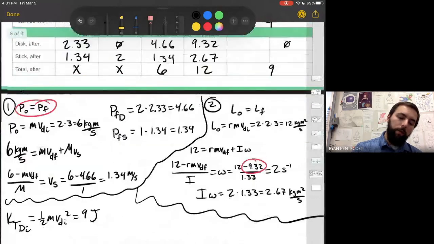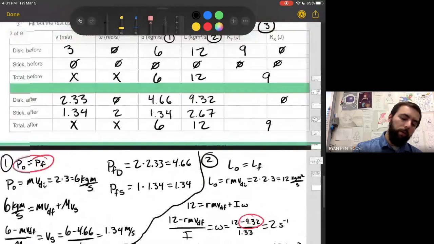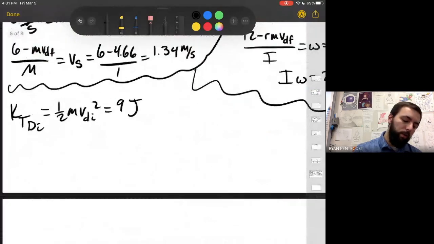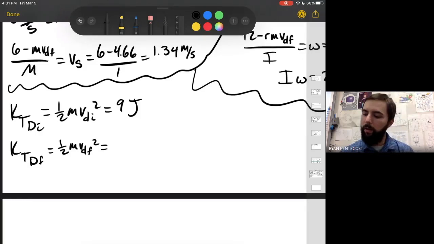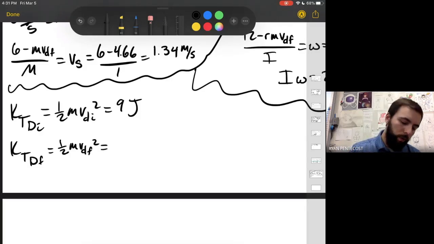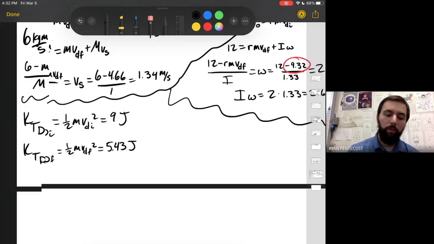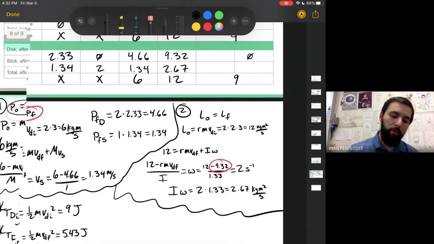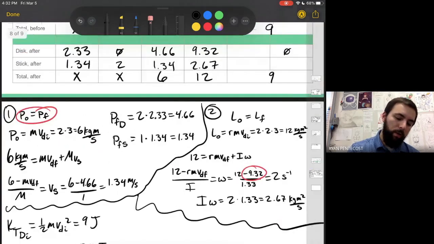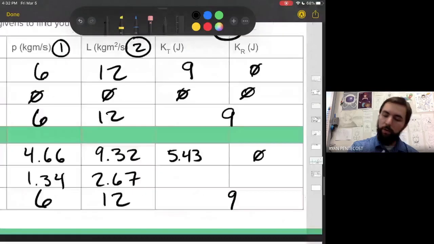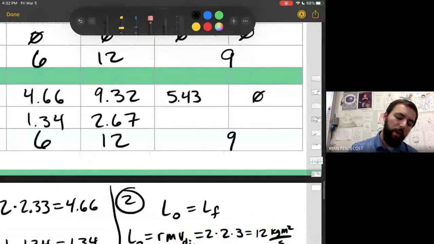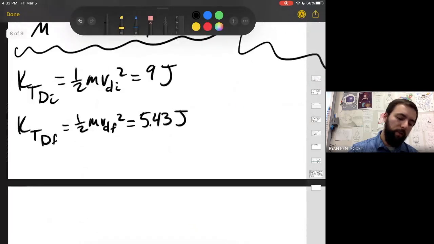Now, if we continue on, our translational kinetic energy for the disk final would be 1/2 m V_DF squared. That I can't do in my head. I'm getting 5.43 joules if you square 2.33. So that'd be 5.43. That goes right here in our translational kinetic column. Now we can get the translational kinetic energy of the stick.